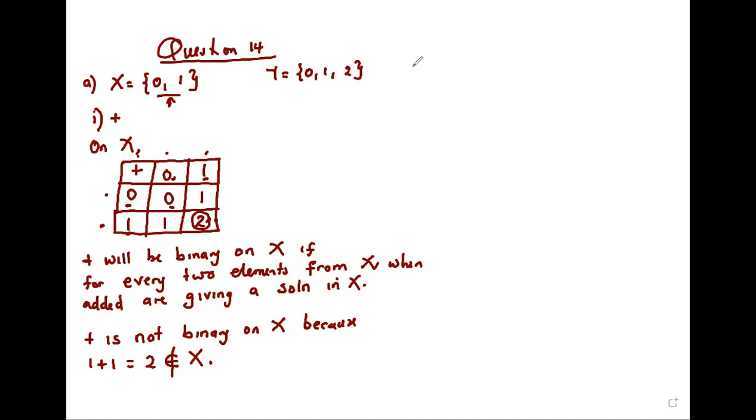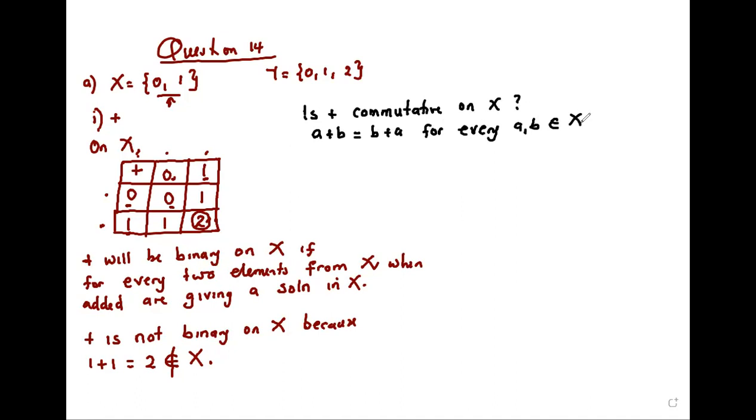Let's check if plus is commutative on X. Now, for plus to be commutative, we want A plus B to be equal to B plus A for every A and B coming from X. Is that the case?